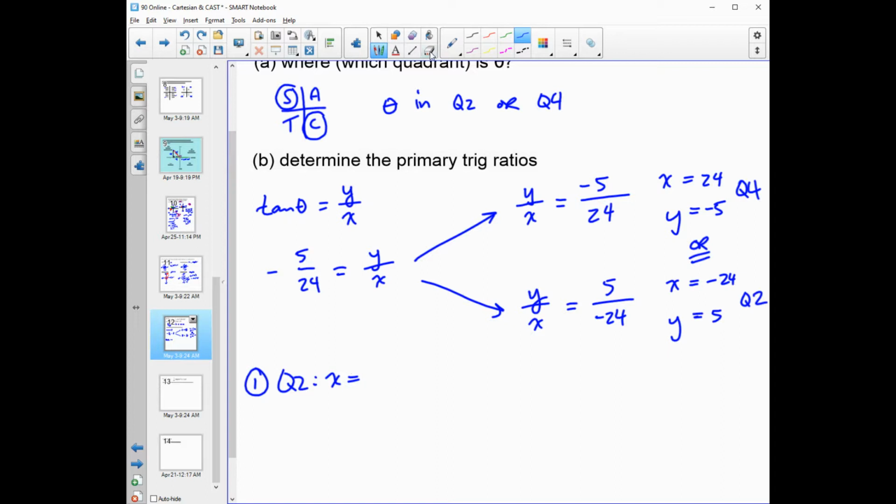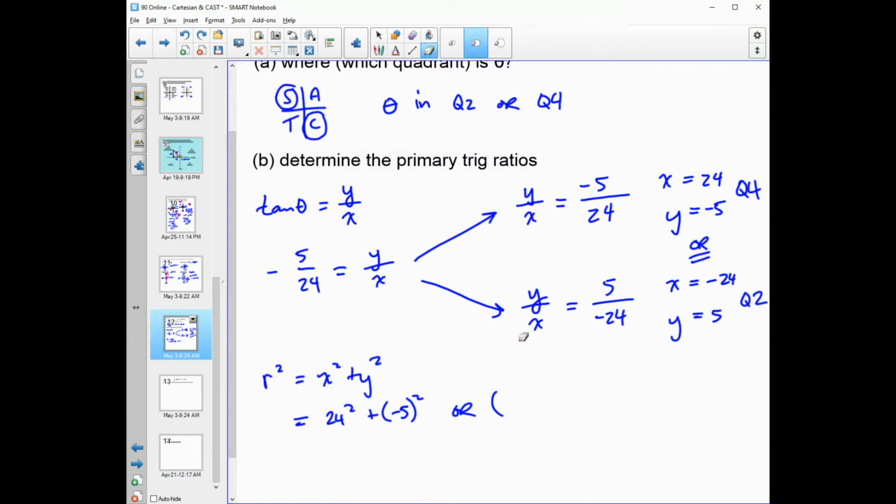Actually, before we do that, let's find the r value that goes along with both of these, because it's going to be the same no matter what. r squared equals x squared plus y squared. I can write this as 24 squared plus -5 squared, or I could write it as r squared equals -24 all squared plus +5 squared, because of course they're both going to become positive anyway.